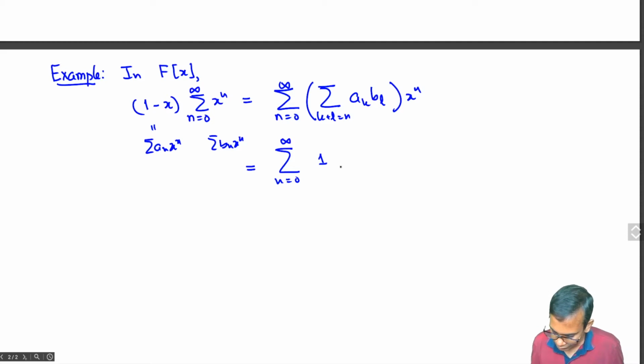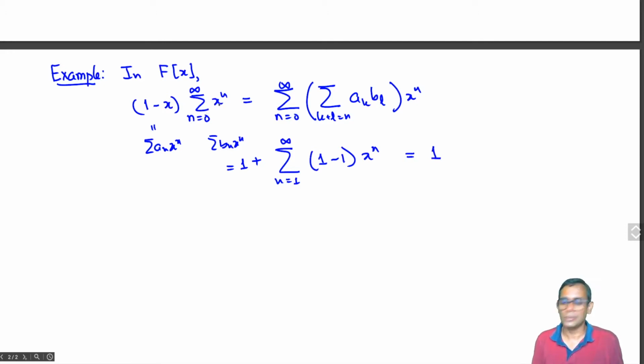Firstly we have this term which corresponds to n equals 0 where there's no b, and then we have the sum 1 minus 1 times x to the n, and so all these higher coefficients vanish. What we get is that 1 minus x into summation x to the n is actually equal to 1.